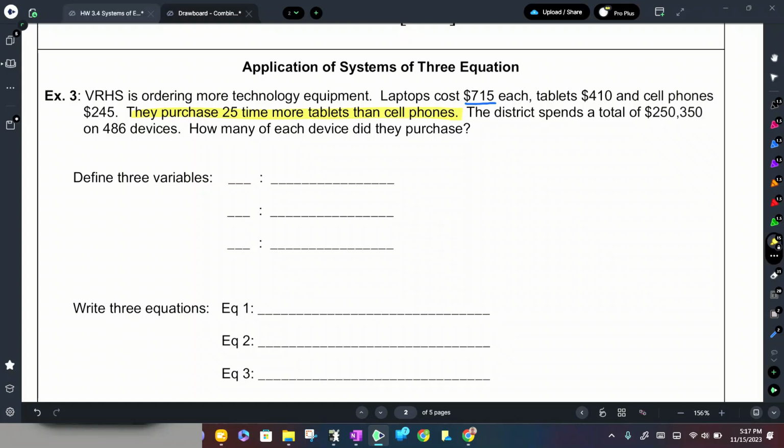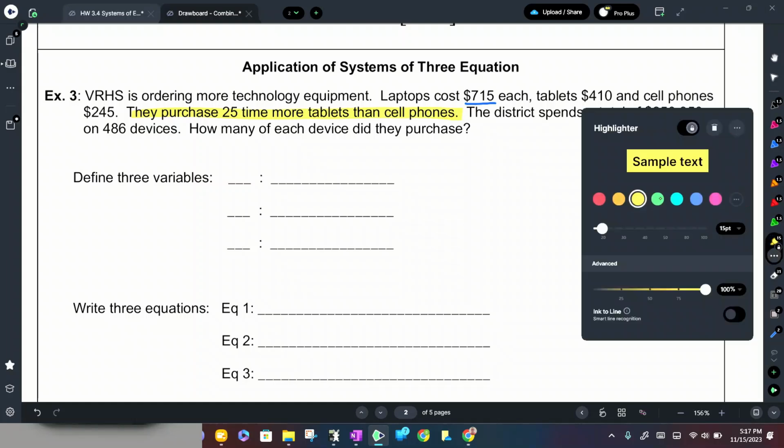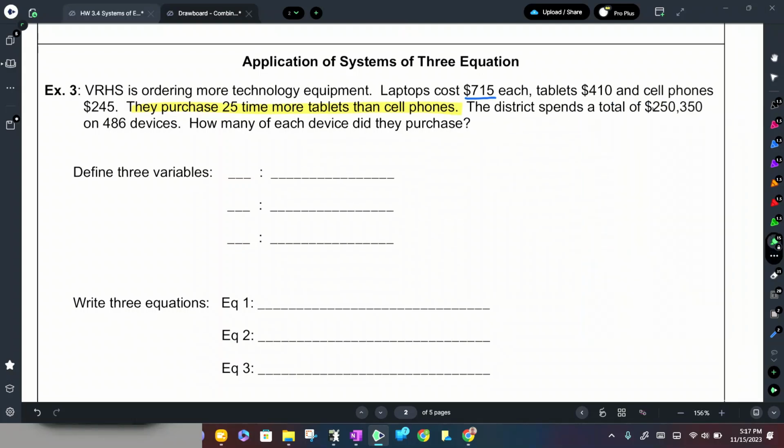That is an equation. Probably don't like it, but it's an equation. So the district spends a total of $250,350 on 486 devices. Those are totals that we're going to need to write some equations. So it says, how many of each device did they purchase?